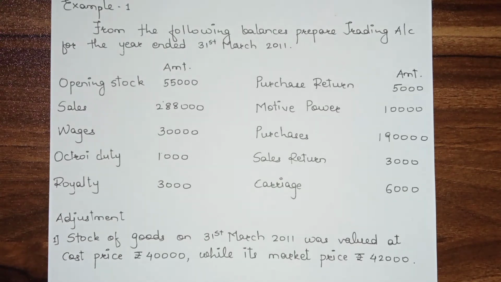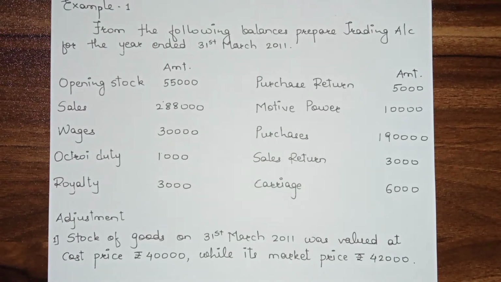First, stock of goods on 31st March 2011 was valued at cost price rupees 40,000 while its market price rupees 42,000. Now this is an adjustment of Mr. Kedar.